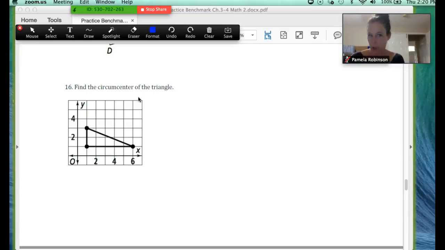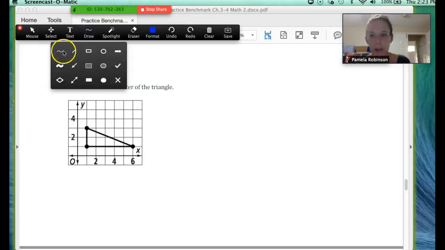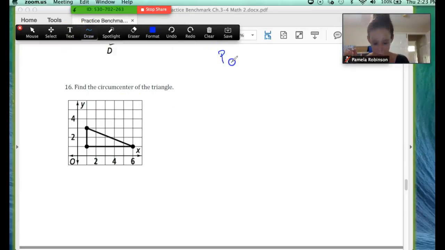So what you need to know is which one is the circumcenter, and I'll tell you which page you should study this on. It's on page, hold on, let me look. Okay, so you're going to find a little review on page 227 of your workbook on circumcenter, incenter, centroid, orthocenter.